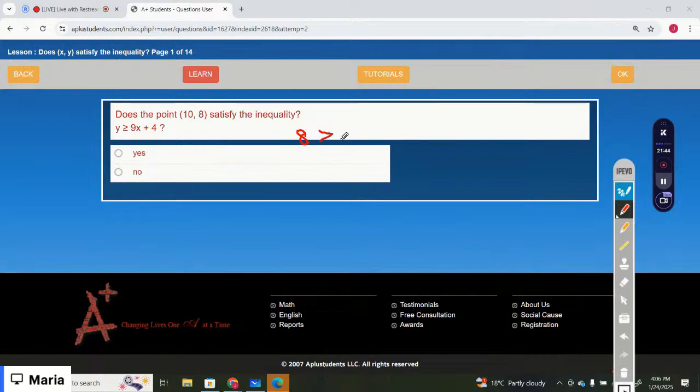So that is 8 is greater than or equal to 9 times 10 plus 4. 9 times 10 is 90, plus 4 is 94.